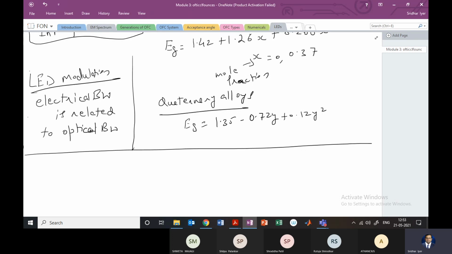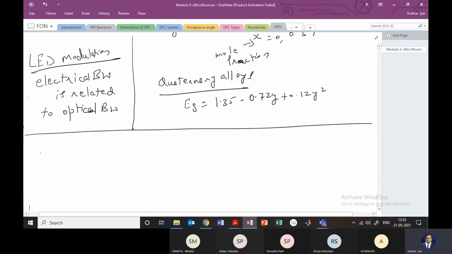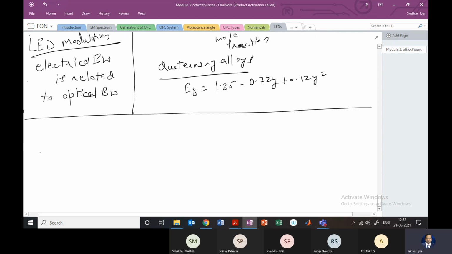But before that, let's quickly discuss just the points. Possibly we may not have time for the mathematics, but a very important factor is the quantum efficiency and power of LEDs.